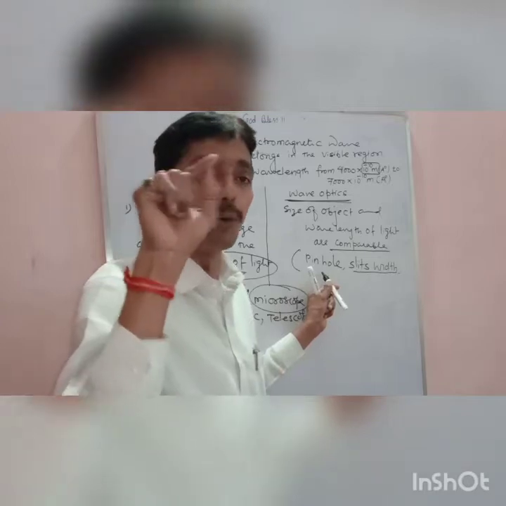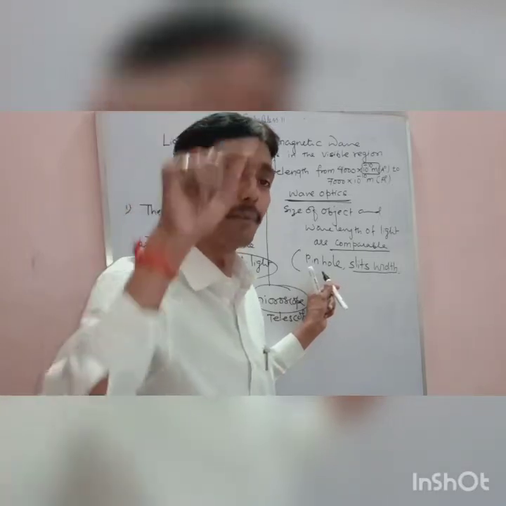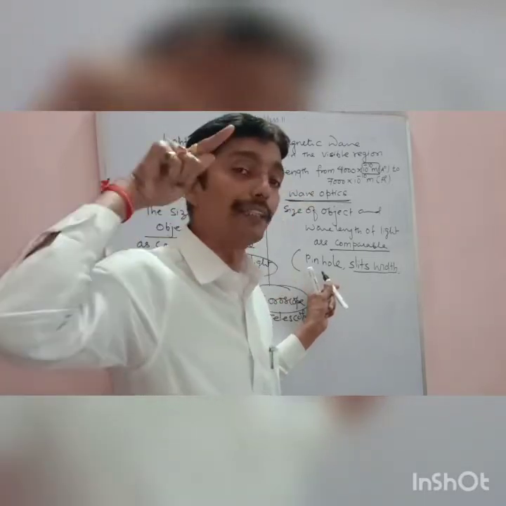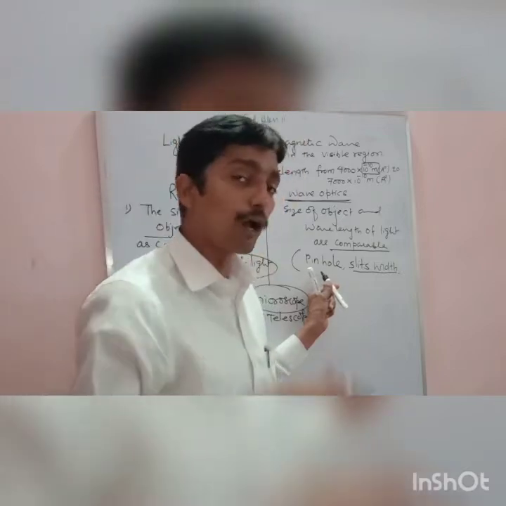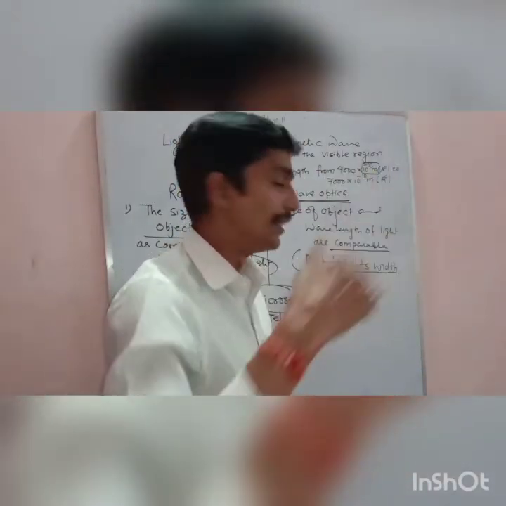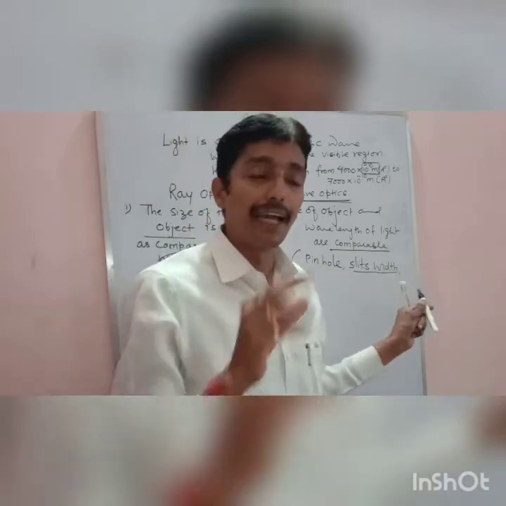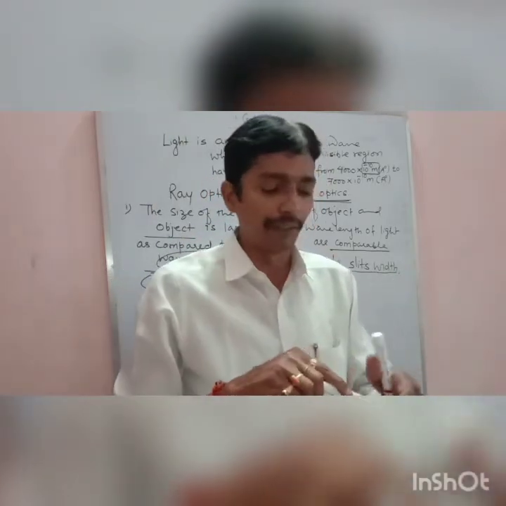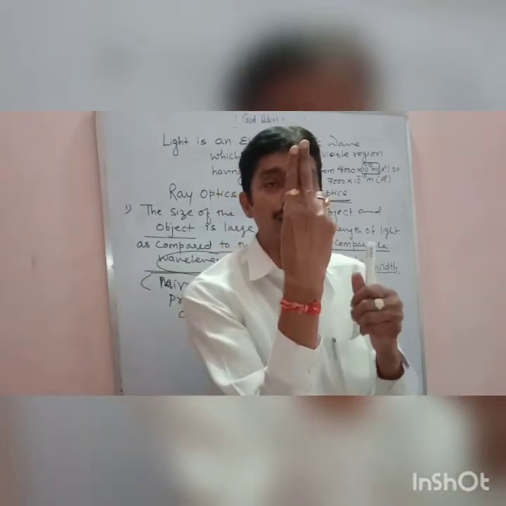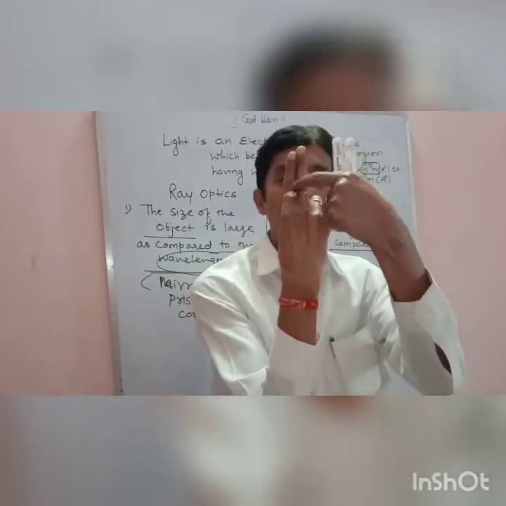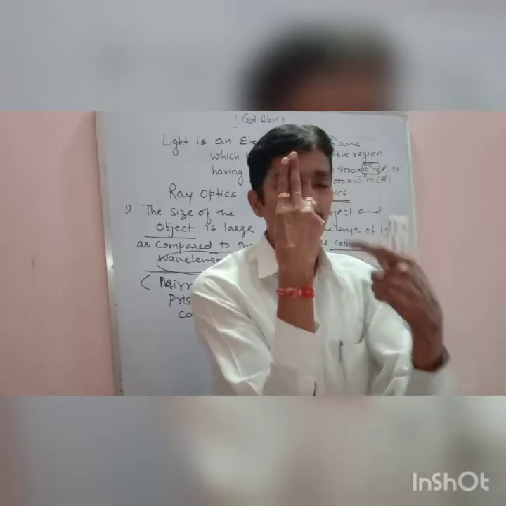We are putting a hole, we are putting a point in the cardboard, that becomes our object on which the light will fall. और फिर वहाँ से light will proceed further. So there we are using pinholes, there we are using slits. Right now I am showing with my finger how the slit looks. You can see there is a gap between these two fingers, and that is called a slit.